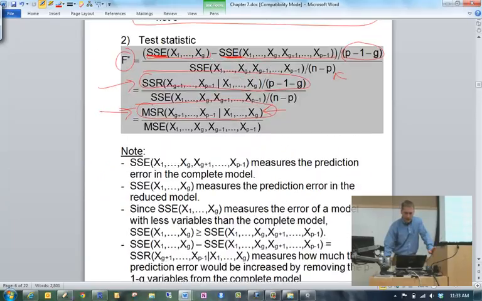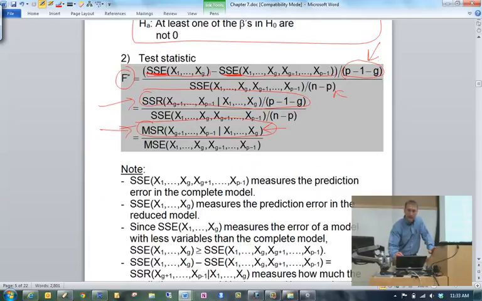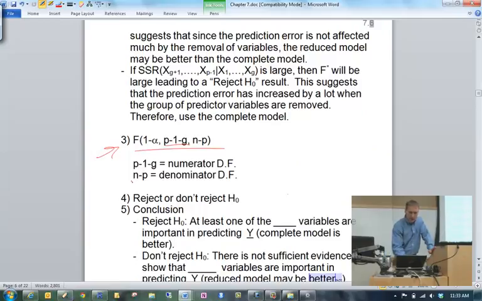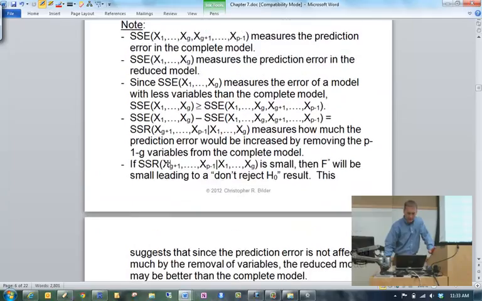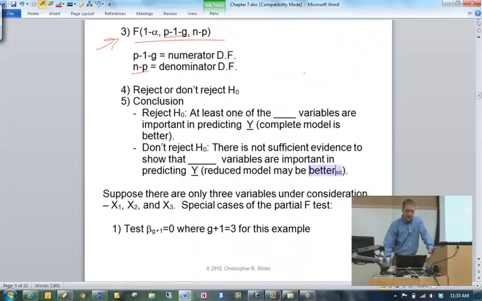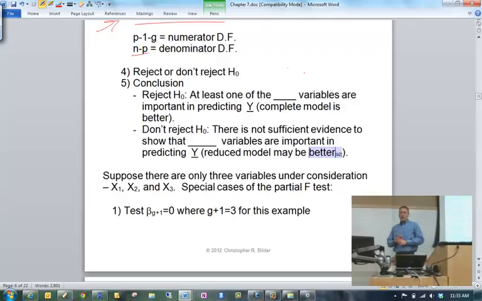Notice where that comes from. It's right here, in the numerator of this big statistic. And the denominator degrees of freedom is n minus p. And that comes from right here. Decide if you reject or don't reject.